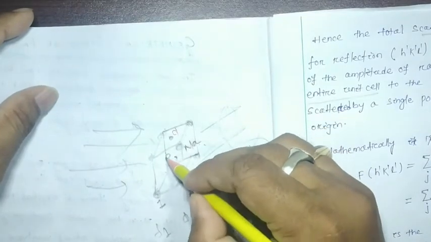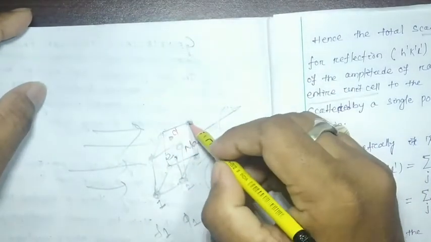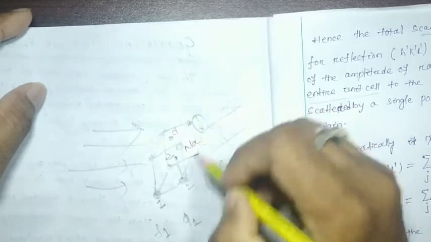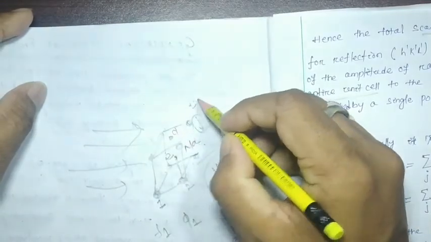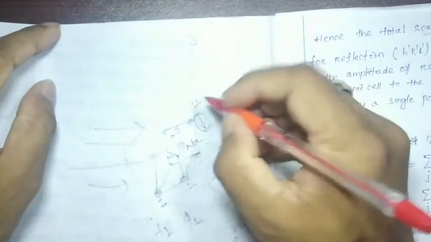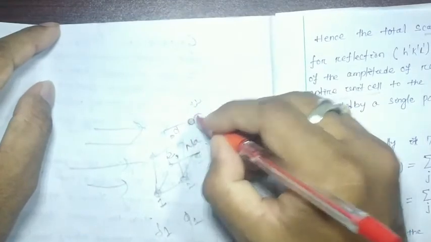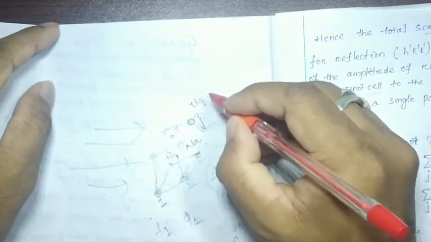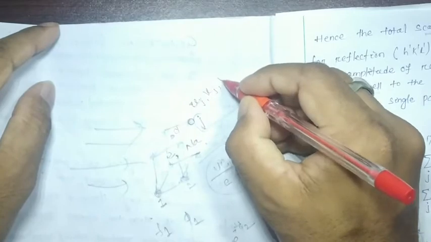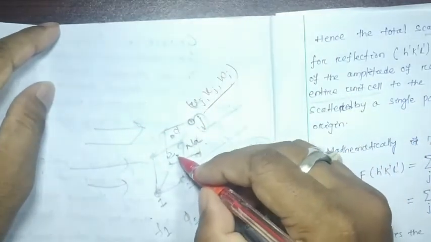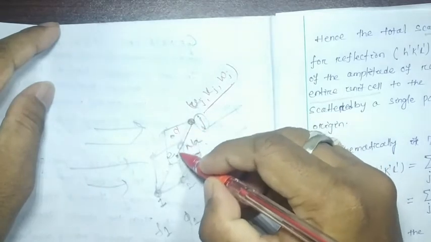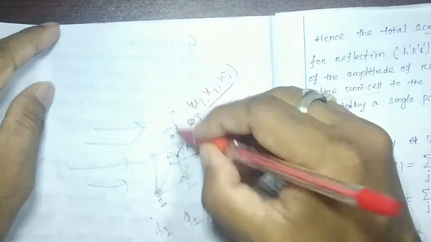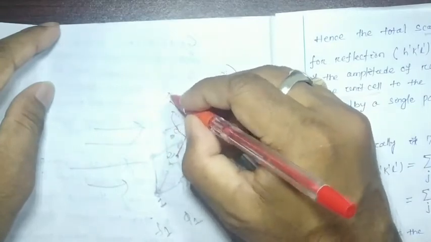This is the jth atom, and its coordinates are uj, vj and wj. From the electron to this atom, this will be taken as the rj vector.